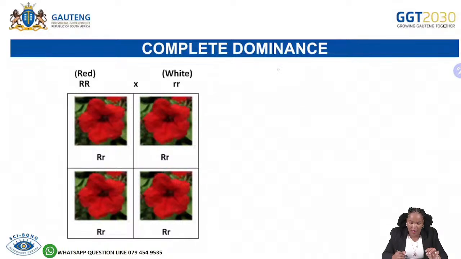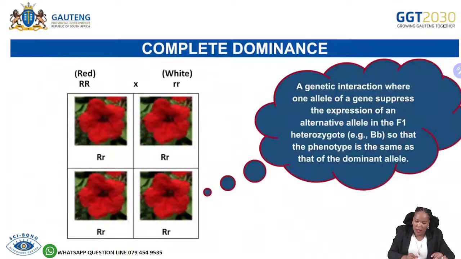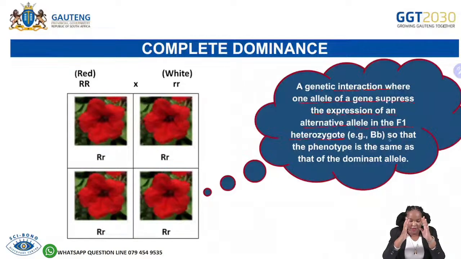This is a genetic interaction where one allele of a gene suppresses the expression of an alternate allele in the F1. So in a heterozygous state, the dominant allele suppresses the recessive one. We call that complete dominance. It is completely dominant over the recessive one because it is the one that is shown in the physical attribute, or phenotype, of the offspring.